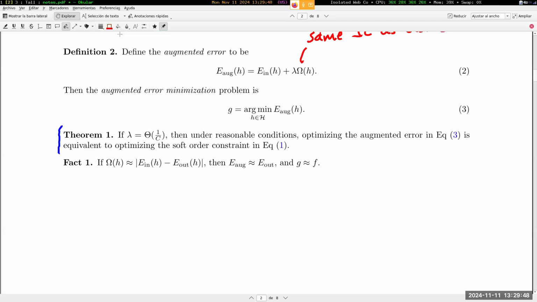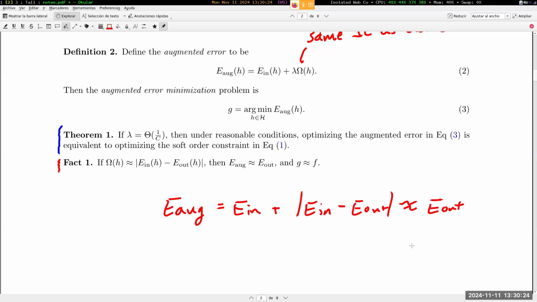This fact 1 here gives us some statistical intuition about why this augmented error might be useful. So if we are somehow able to set our omega function to the generalization error, then it turns out that our augmented error would be equal to E in plus E out minus E in, which would be about equal to E out.